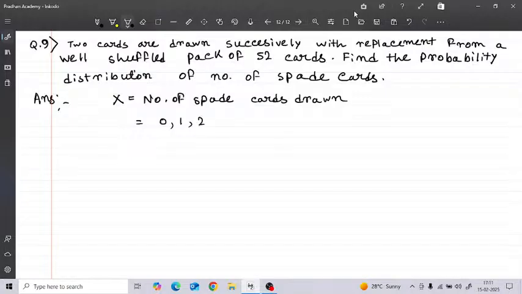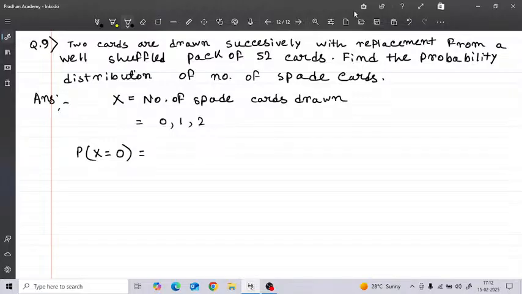Okay, so now I have to calculate the probability distribution. For the first case, if I do not take any spade card, there are 39 cards remaining from 52 cards.